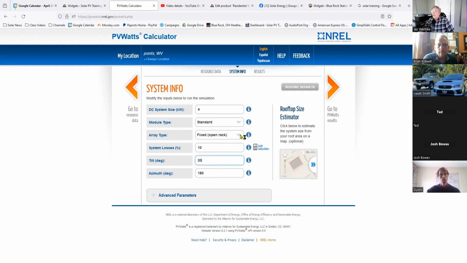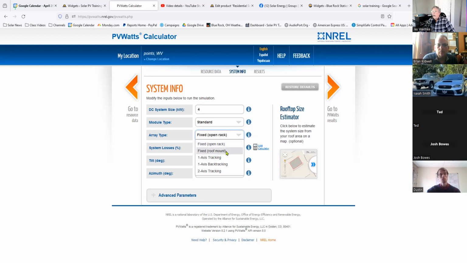Now, let's also assume, do you want this to be a ground mounted system, Brian, or a rooftop mounted system? Can we do one of those? It's like a carport where you put... It would be a ground mounted, but you can see here Open Rack is one of the systems.